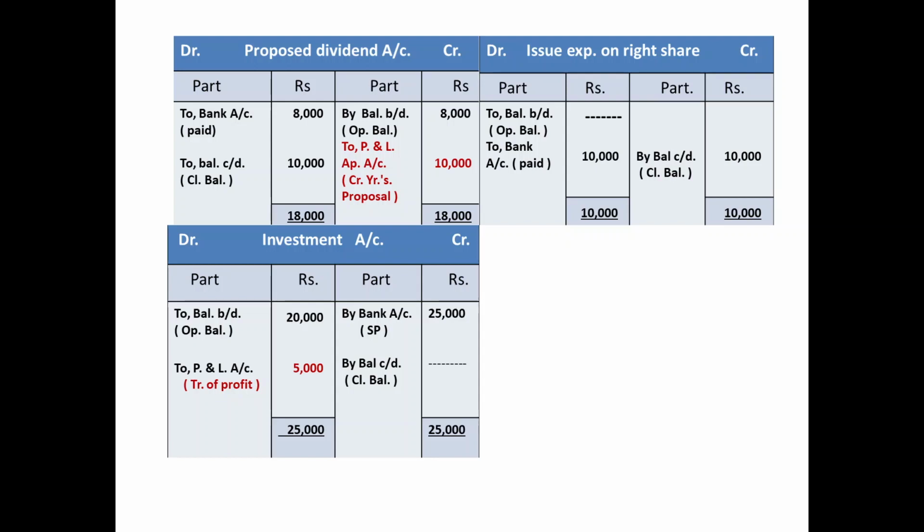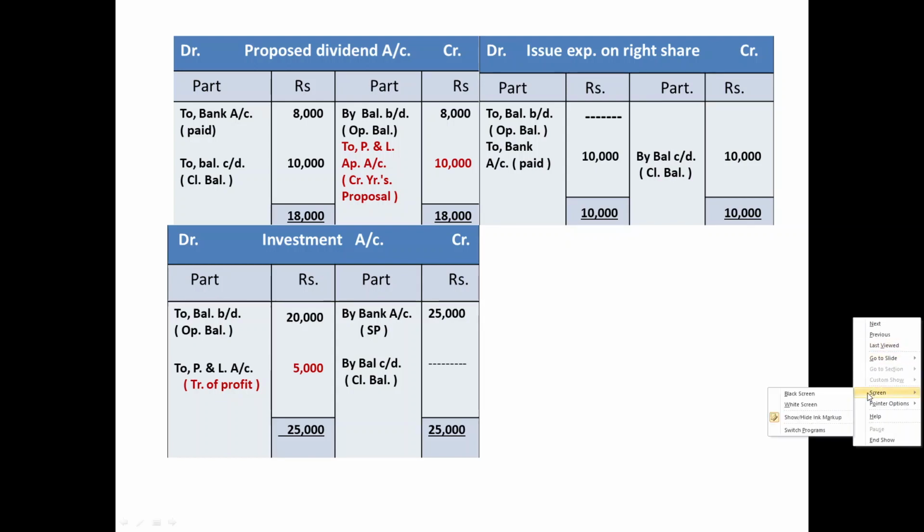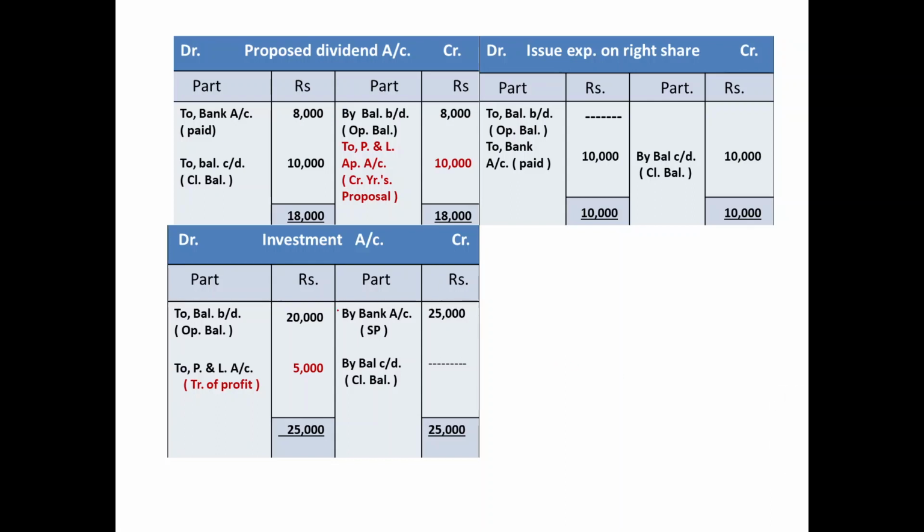Let us verify the investment account. Have a look on the slide. Investment account. Opening balance 20,000. No closing balance. Posting of first journal entry. Bank debit to investment account credit 25,000.